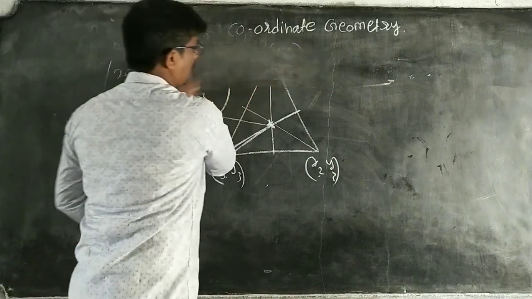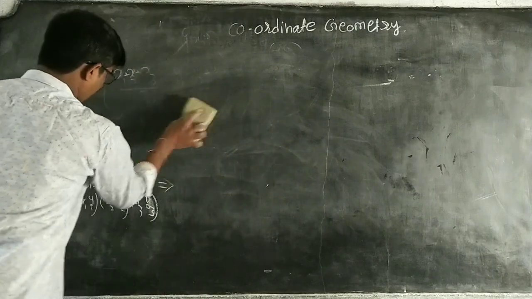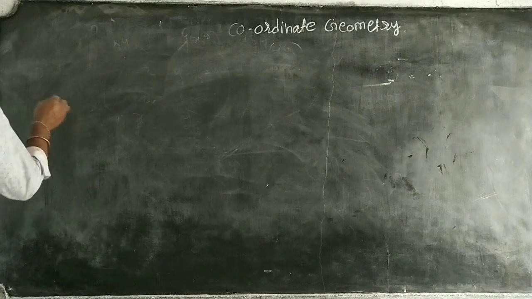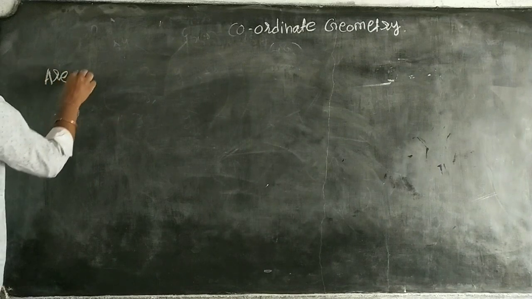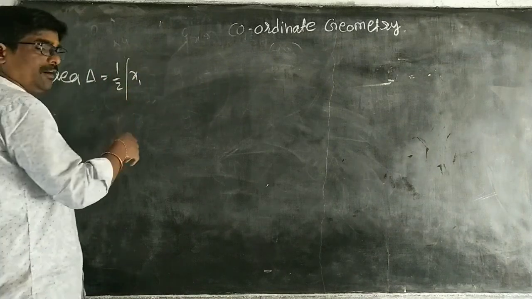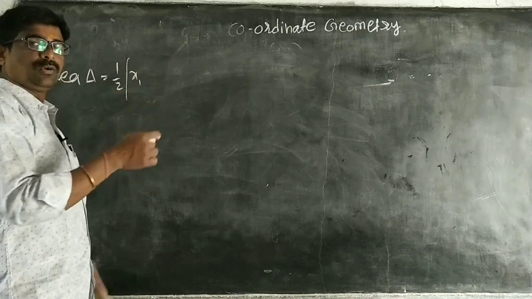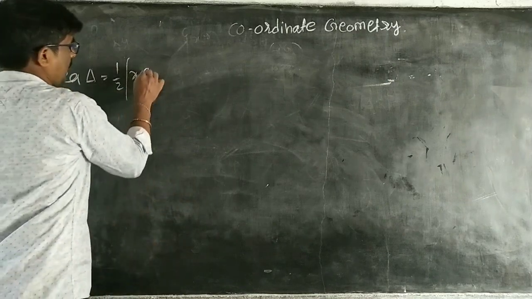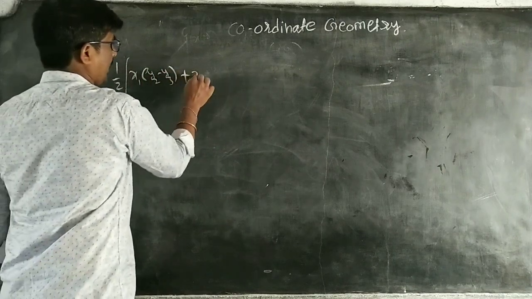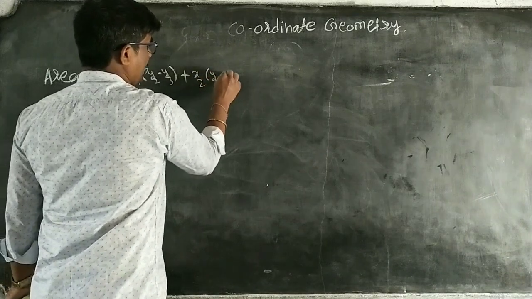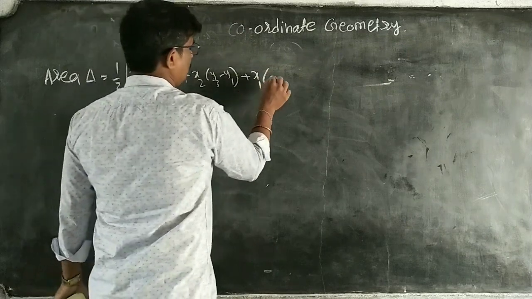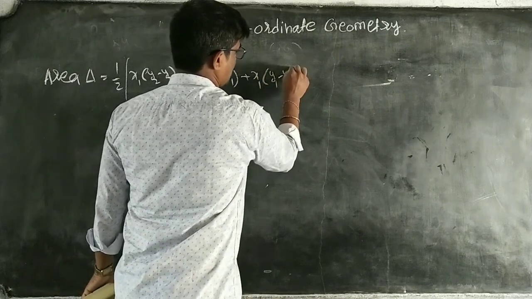Next, another formula: area of a triangle. How do we find it? Observe here. Area of a triangle is equal to half into mod of x1 into y2 minus y3 plus x2 into y3 minus y1 plus x3 into y1 minus y2.